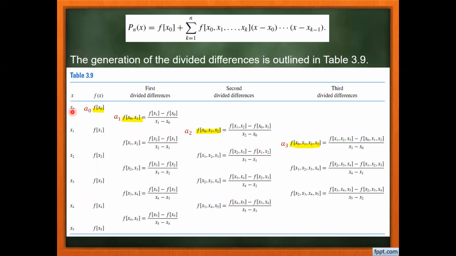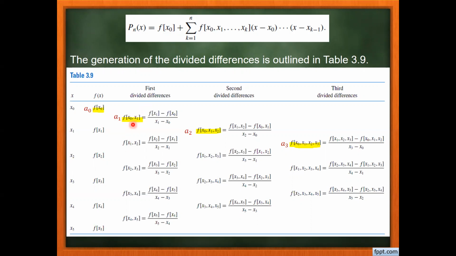Let's consider that we know the value of the function at all these nodes, x0 to x5. As we have discussed earlier, the function value at x0 is the zeroth order divided difference at x0. The function value at x1 is the zeroth order divided difference at x1. The function value at x2 is the zeroth order divided difference at x2, and similarly we go on.